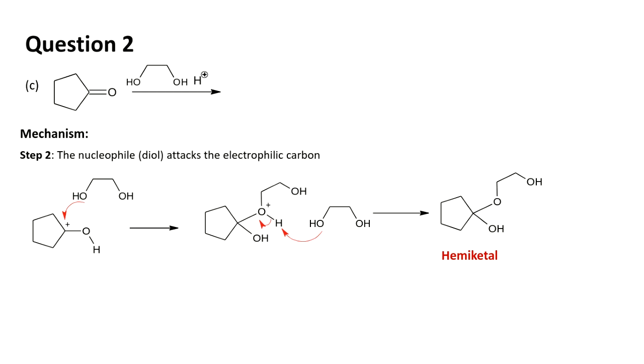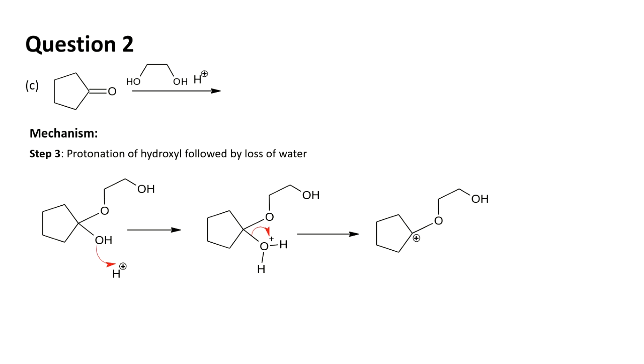And when it leaves as water, what you have formed is a carbocation at that carbon center. So the first thing that we're going to do is protonate the OH. Then we have an excellent leaving group, which is water. And now we have a carbocation. What do you think will happen next? Yeah, the nucleophile jumps in.